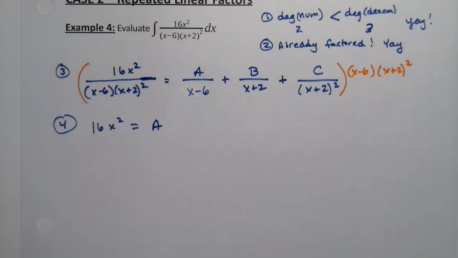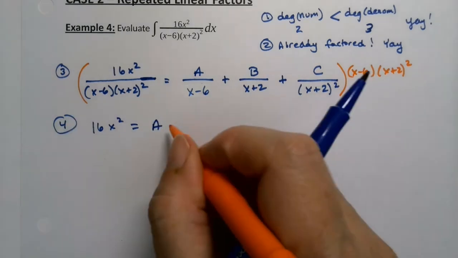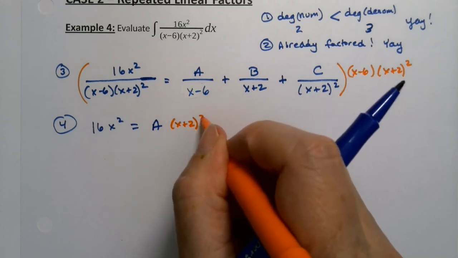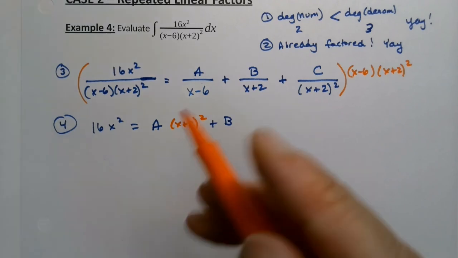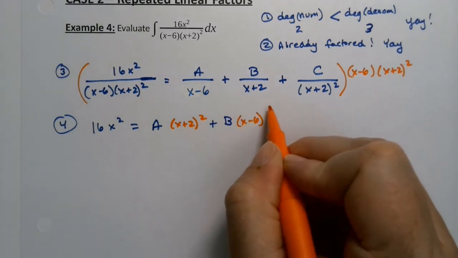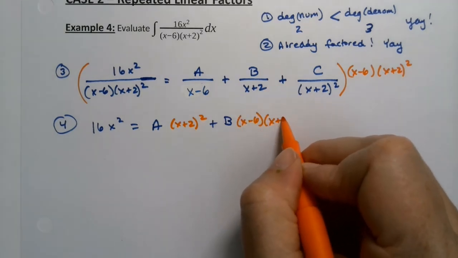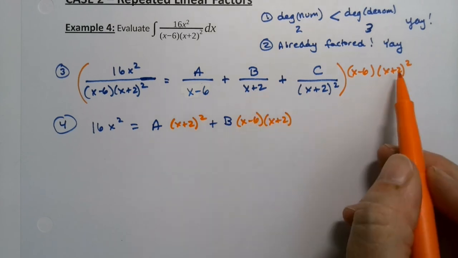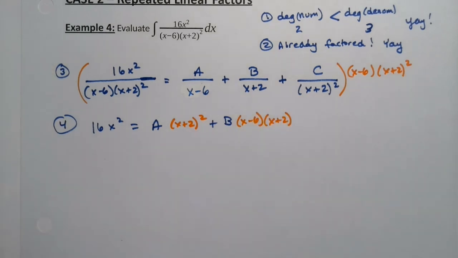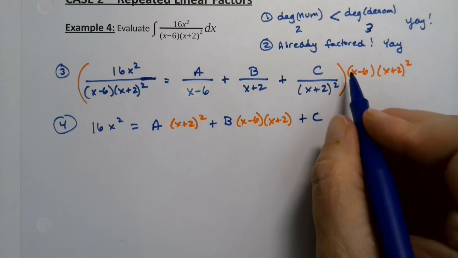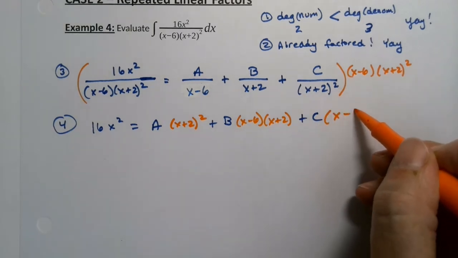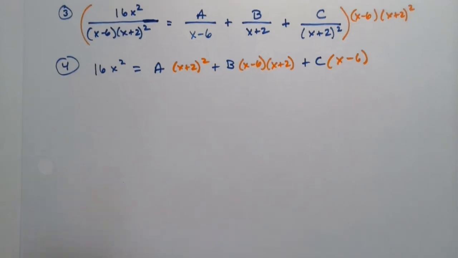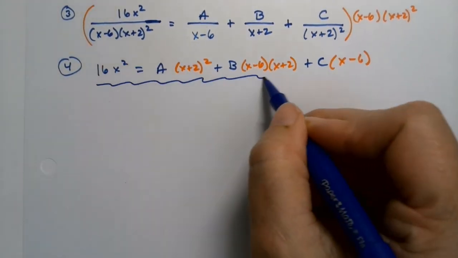A times, well, the x minus 6's will cancel, and you'll be left with x plus 2 squared, plus B times, well, the x minus 6 won't cancel, and neither will one of the x plus 2's. So it'll cancel one of them, but not both of them, or divide away to 1. Plus C times, both the x plus 2's cancel, and you're left with x minus 6. So there's our base equation right there.